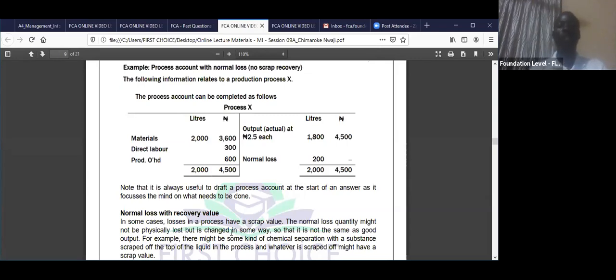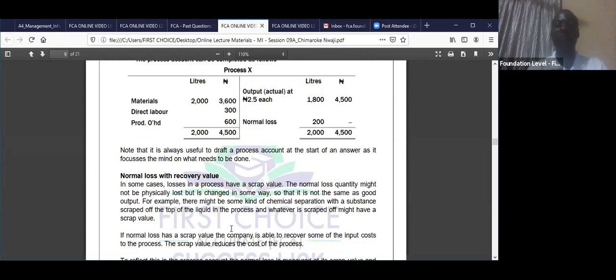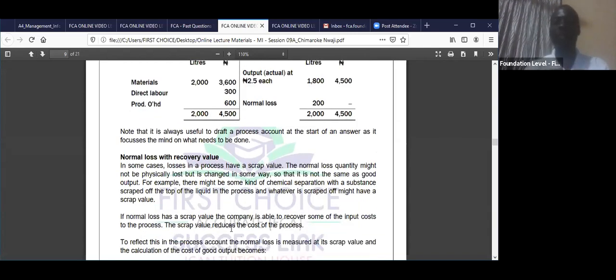Now let's look at the situation where we have a process cost with some scrap value. Take the normal loss quantity. Let's give an example of a bread manufacturing company. Some of the losses you may expect might be bread rising too high, not too big or too small, or maybe burnt bread.